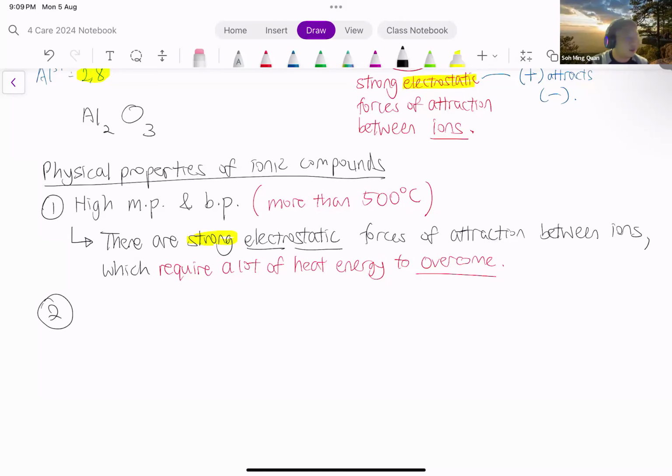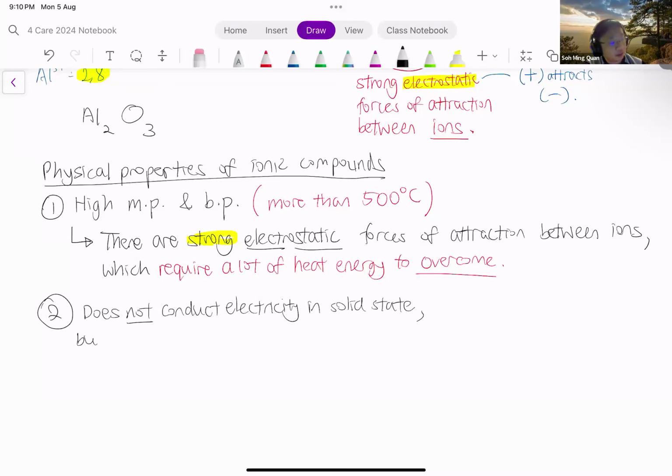And the answer is no. Aluminum oxide does not conduct electricity in the solid state. So as a solid, ionic compounds will not conduct electricity. If I put a battery and a light bulb to the ionic compound as a solid, the light bulb won't light up because it doesn't conduct electricity in the solid state.